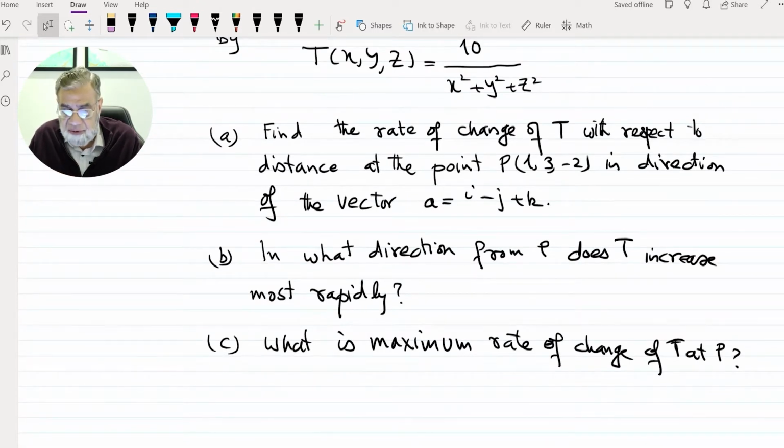We take part a first, the rate of change with respect to the distance. Rate of change is the same as I told, that's the directional derivative. That means we want to find the directional derivative of the function at the point in the direction of vector a.